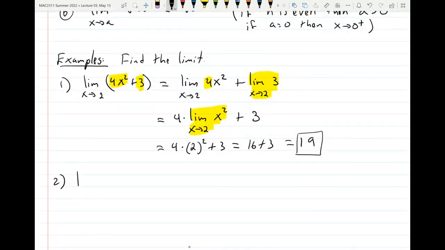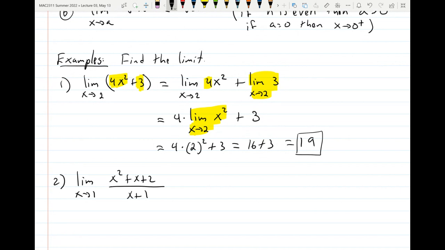As another example, let me do the limit as x approaches 1 of x squared plus x plus 2 divided by x plus 1. Okay, so here this is a quotient of two functions, so I would like to use the property that the limit of the quotient is the quotient of the limits. We just need to make sure that the limit of the bottom is not equal to 0 to use that property.